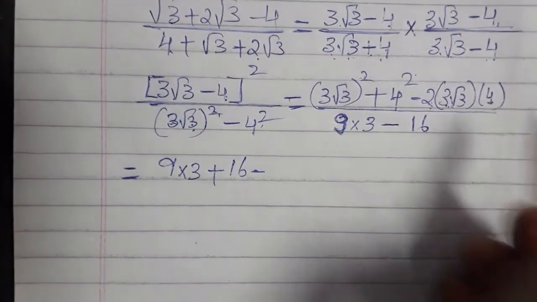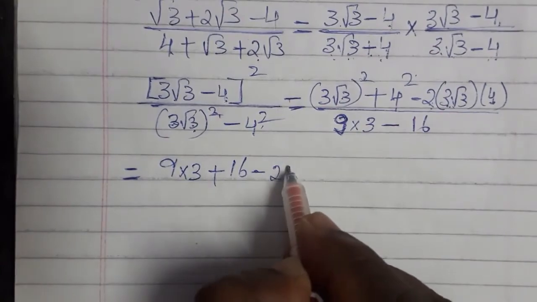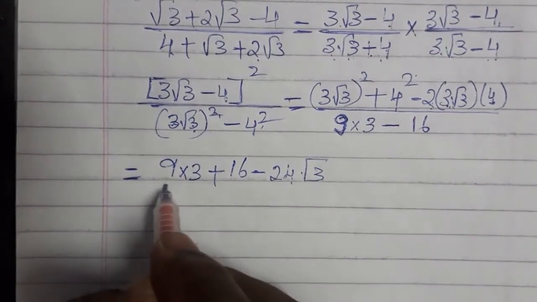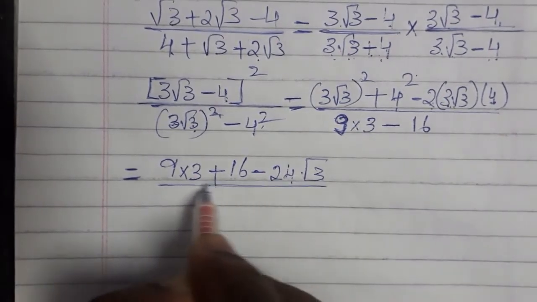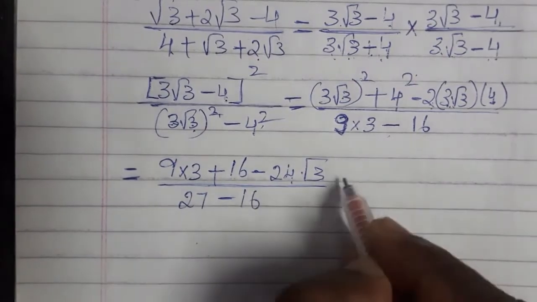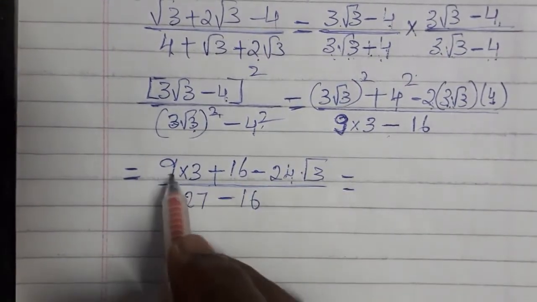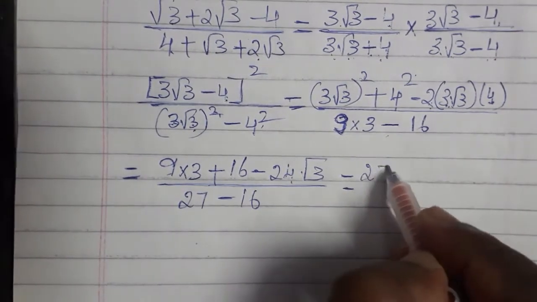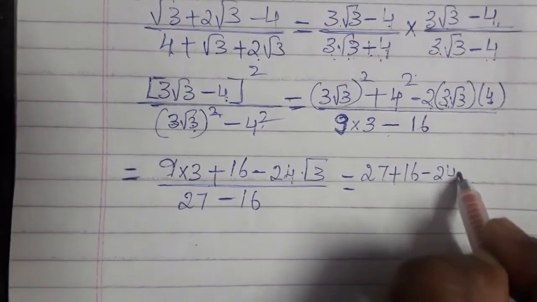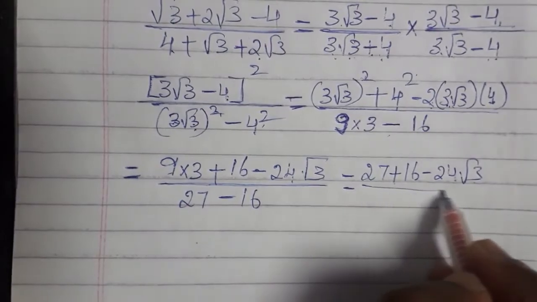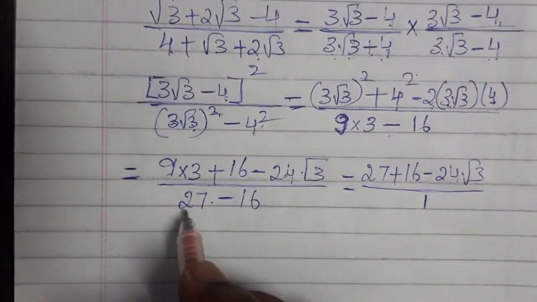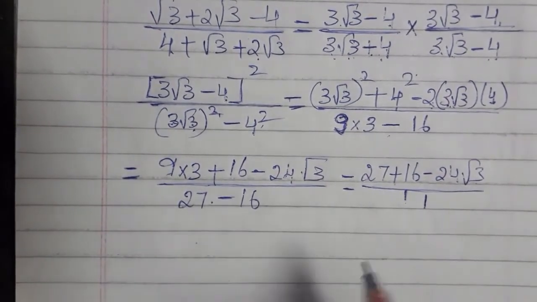6 4s are 24 root 3 divided by 3 9s are 27 minus 16. 9 3s are 27 plus 16 minus 24 root 3 divided by 27 minus 16 is 11. 7 minus 6 is 1. 2 minus 1 is 1.